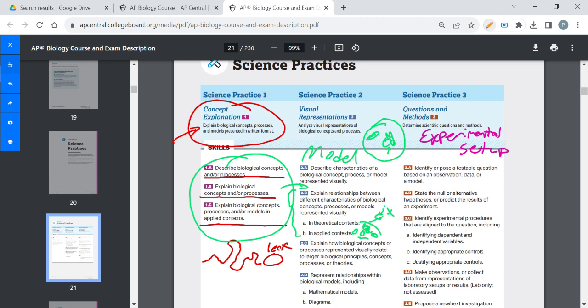Are you able to create the null hypothesis and then your experimental hypothesis, right? In this case, if the null hypothesis is correct, that means your experiment was botched, and you had to figure out what the issue actually was there. Can you identify your different variables? Are you able to identify independent and dependent variables? Can you figure out your controls and why the controls are put into place?